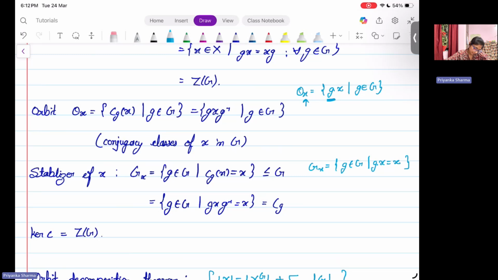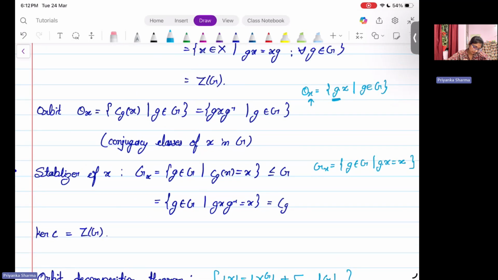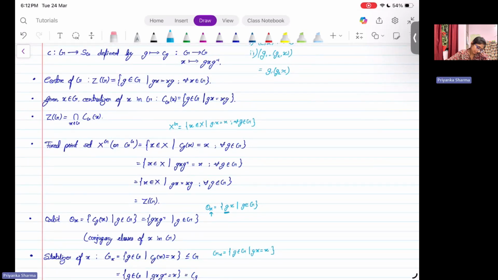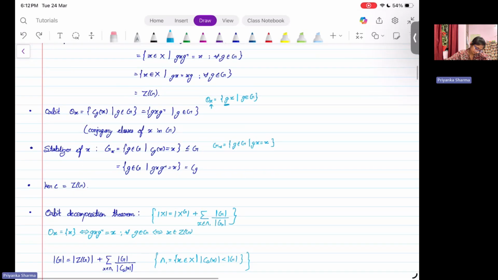It means under the conjugation action, c_g of x should be x. And what is this? It is defined as the centralizer of x in G.